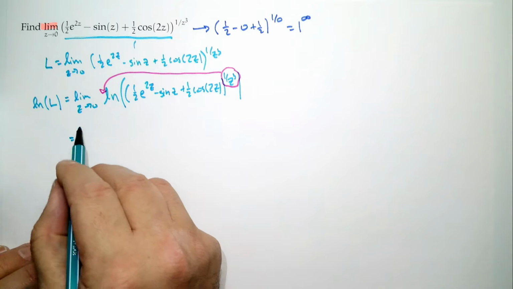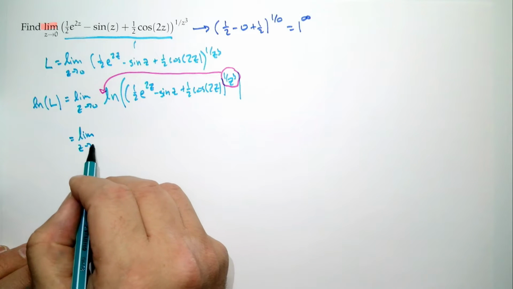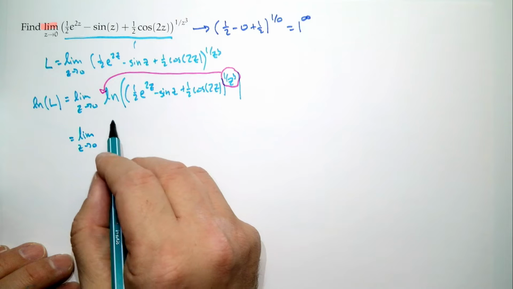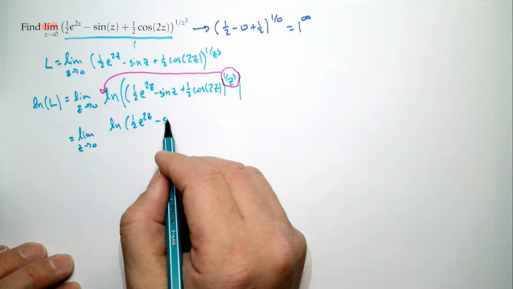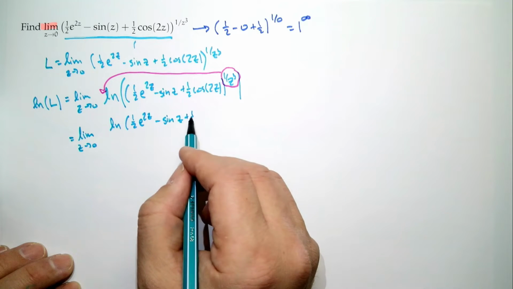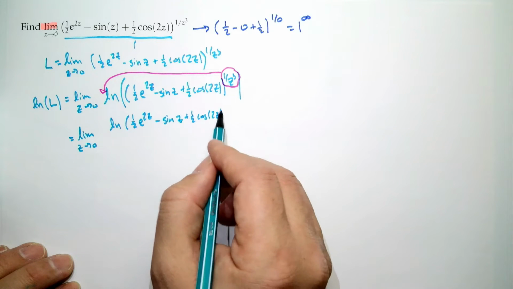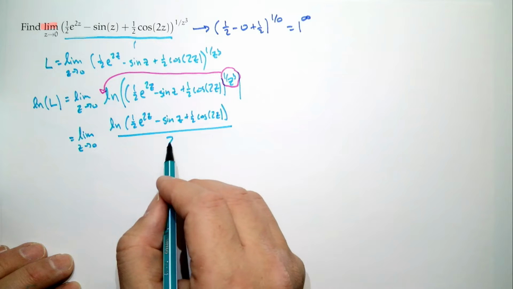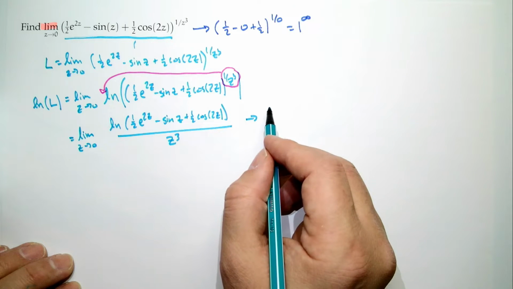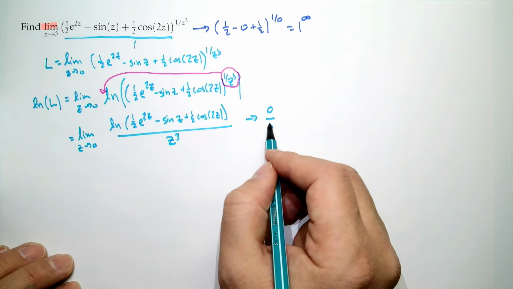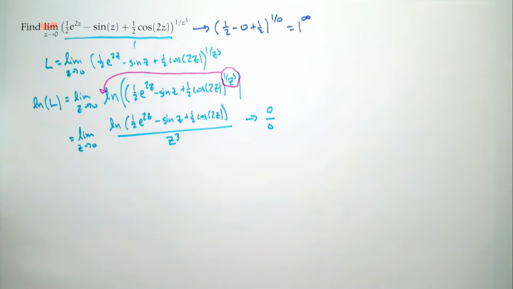So this is the limit as z goes to 0 of natural log of 1/2 e to the 2z minus sine of z plus 1/2 cosine of 2z, over z cubed. Now, this is going to, upstairs, log of 1, which is 0, downstairs, 0. So what can we do?